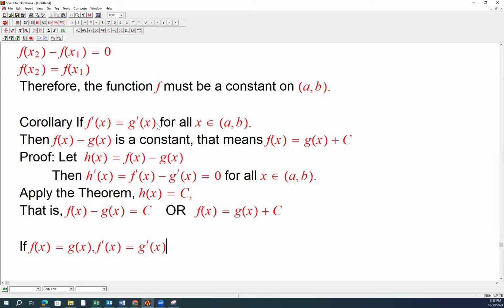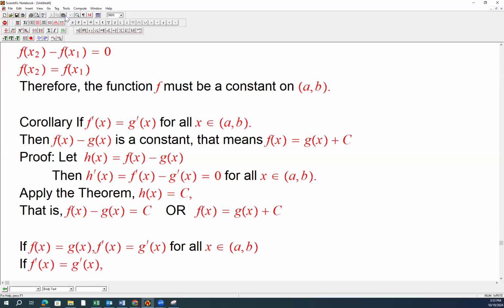And of course, you can say we do this for a specific interval. Sometimes it's on the entire domain. Then you say, well, if two functions are the same, why do you take derivatives separately? Well, usually those are in equation settings. However, if the two functions have the same derivative, can we say the two functions are the same?